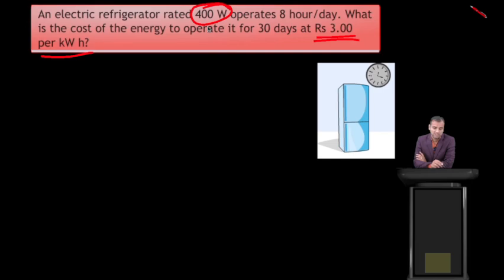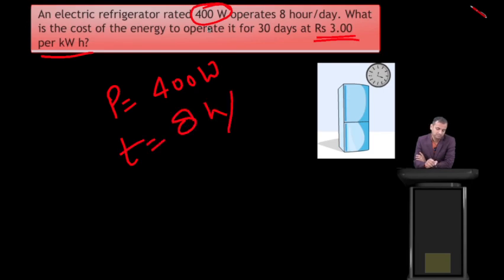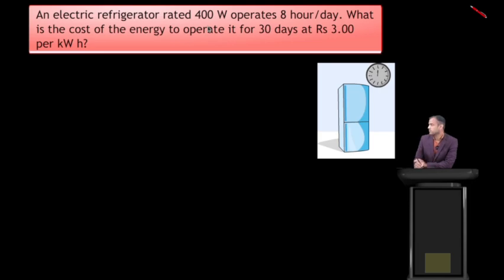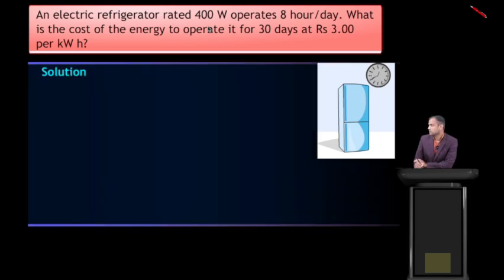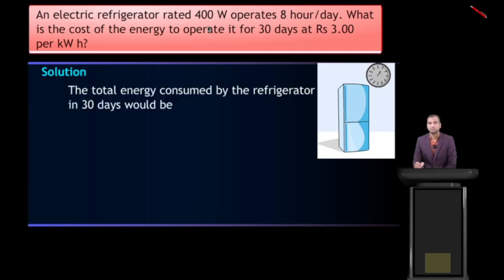Yes, it is power, and again time is given, 8 hours per day. And how many days? It is 30 days. So again we have to find the power consumed in kilowatt hour, or energy consumed.